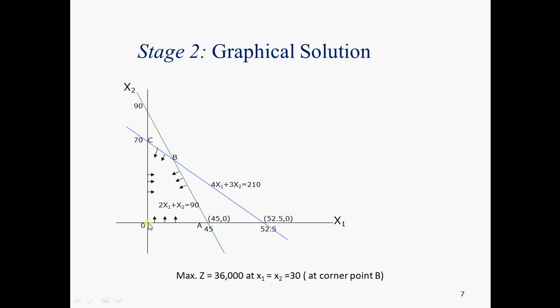For O, if x1 is 0 and x2 is 0, z will be 0, of course. Now coming to A, because you have drawn the graph to the actual scale, you can read x1 and x2 directly.